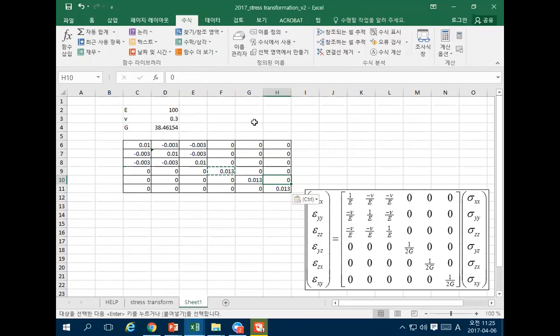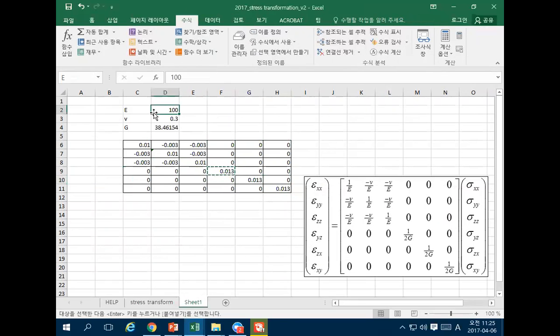Okay. 그래서 the point is that whatever value we have, say 200, this value will automatically update.